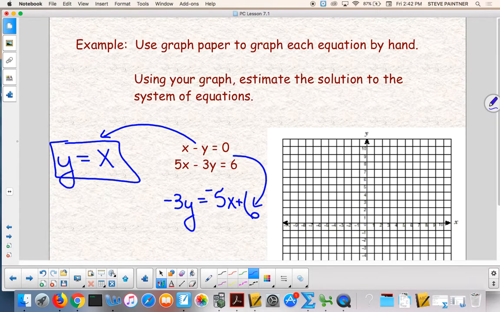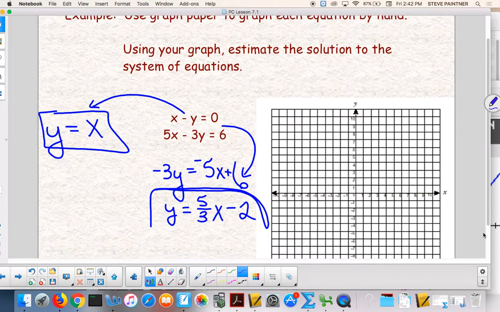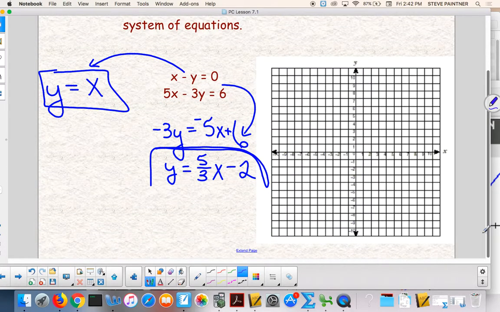Okay, divide by negative 3, answer positive 5/3 x minus 2. Okay, your two equations in slope-intercept form are y equals x and y equals 5/3 x minus 2. Okay, if I graph y equals x, it starts at 0, 0, has a slope of 1.